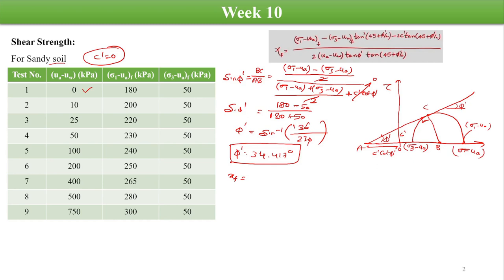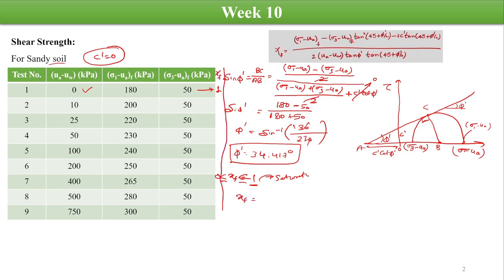As we know, this test is performed at saturation, and the maximum value of xi at saturation will be 1, because the effective stress parameter varies from 0 to 1, and this value 1 is at saturation. So for the first test, we can write the value of xi as 1, right?